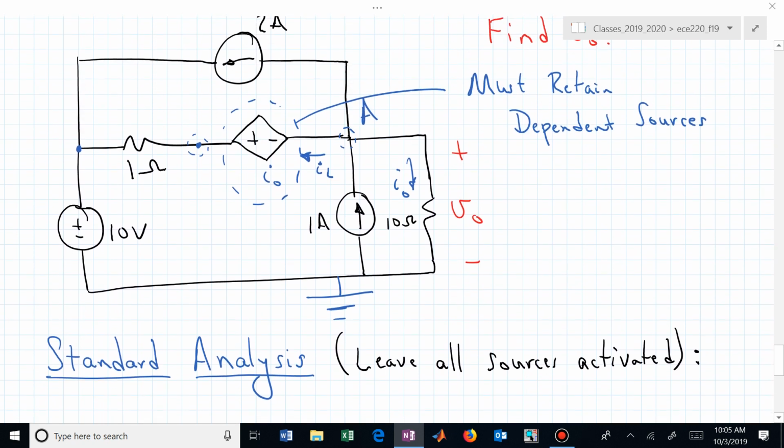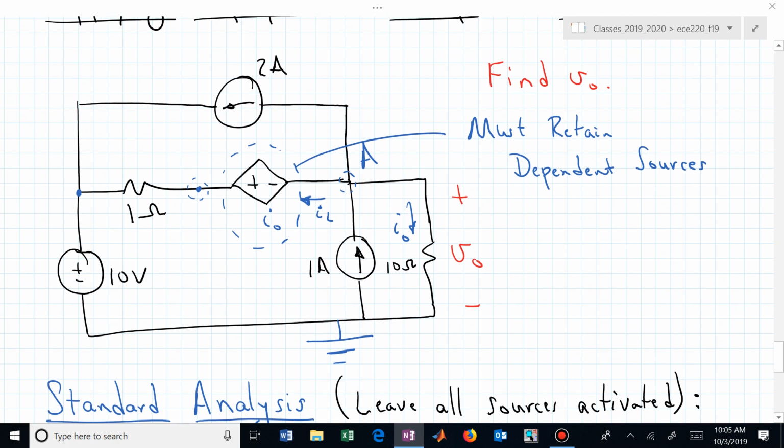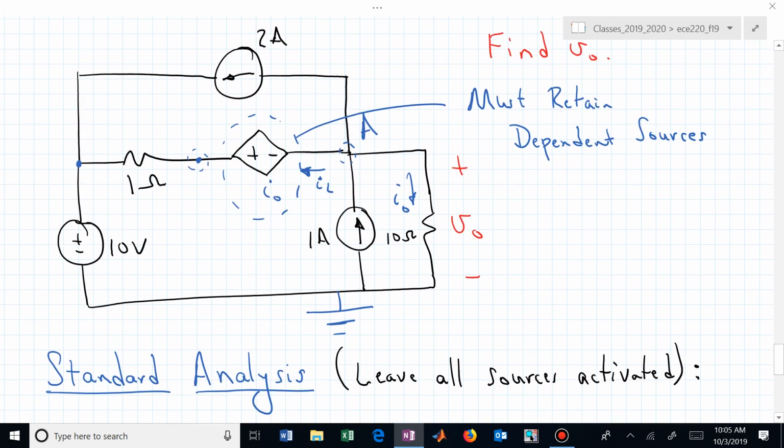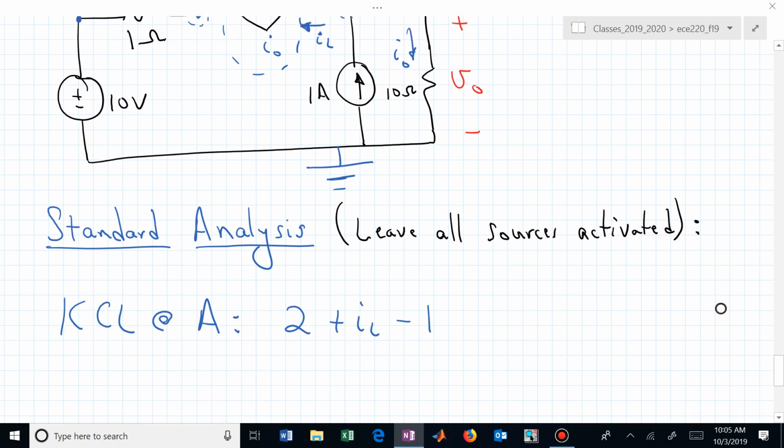I'm working my way counterclockwise around A. Now I see 1 amp not leaving. It's coming in, but I'm summing everything leaving, so I'll say that's minus 1. And then I have plus I sub 0, and that's all equal to 0. That's KCL at A.